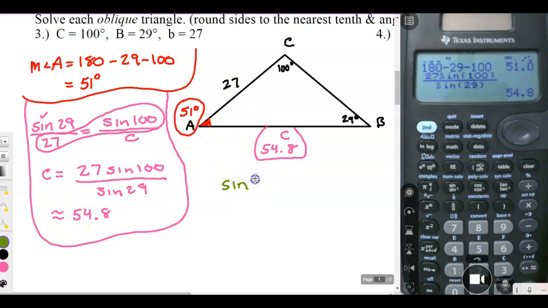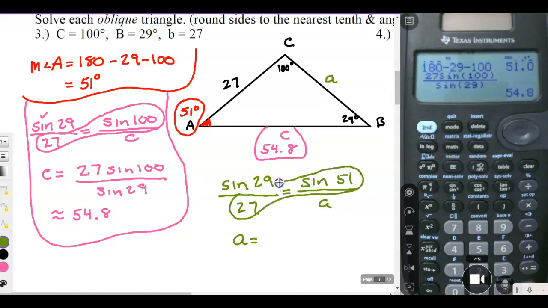So we have the sine of 29 over 27, and I'm trying to find side A. So that's going to be equal to sine of 51 over, and much like the last one, A will equal 27 times sine 51 all over sine of 29.